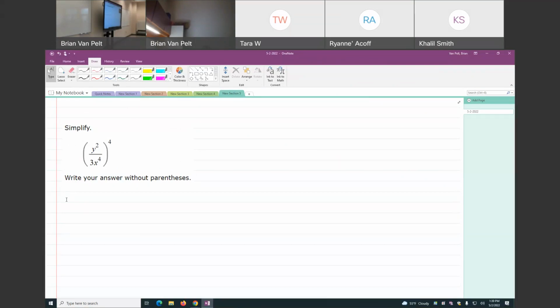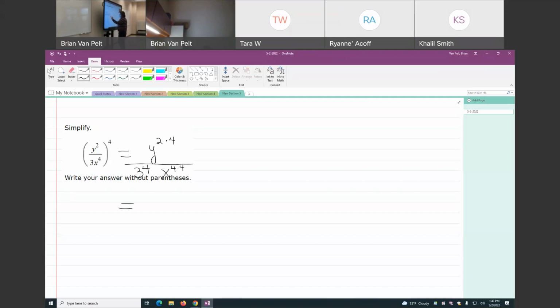So you apply everything that gets raised to the fourth power inside of there. To the second times 4. That, and then you have 3 to the fourth times x to the fourth times 4. Let me rewrite that.